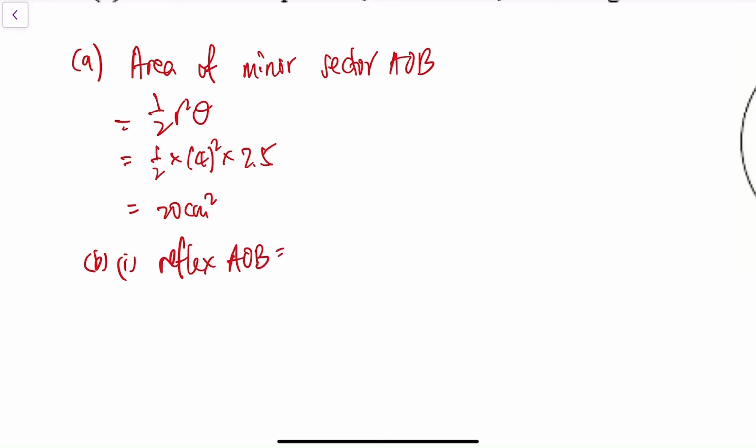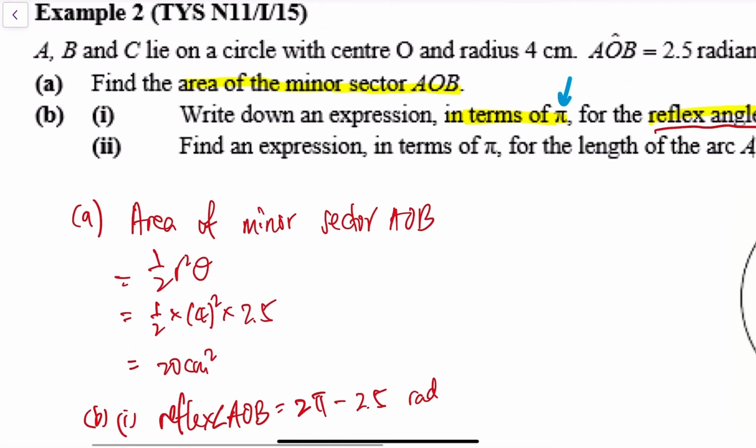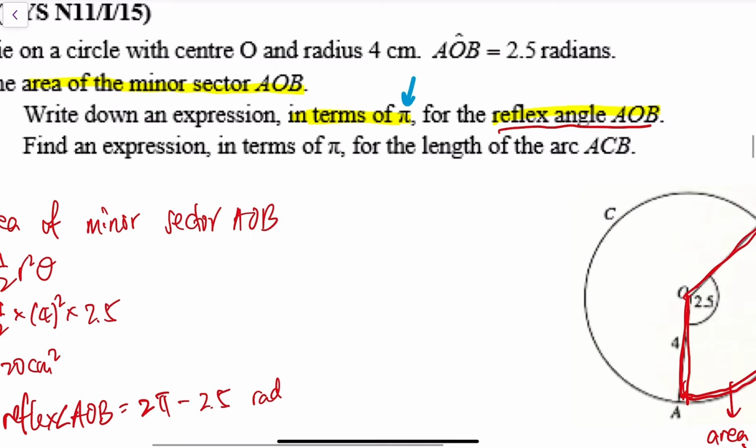Reflex angle AOB will be equal to 2 pi minus 2.5 radian. That's it. You just leave your answer like that because they want it to be left in pi form. Then next, also in terms of pi, they want you to find the length of arc ACB.